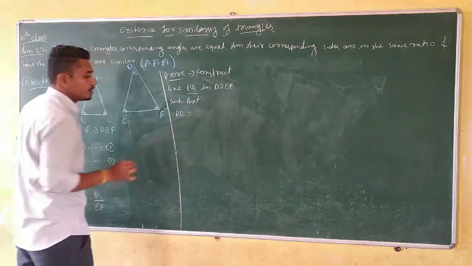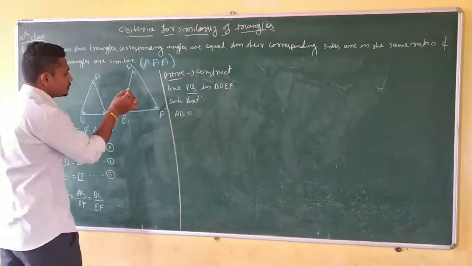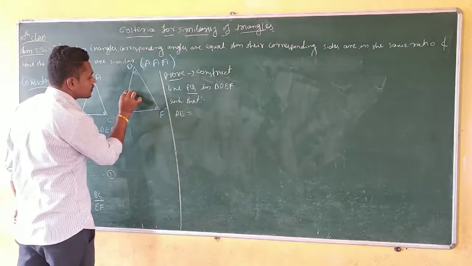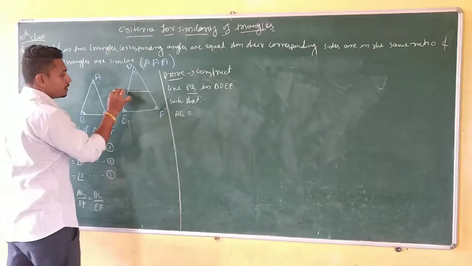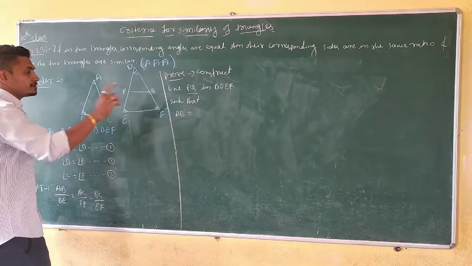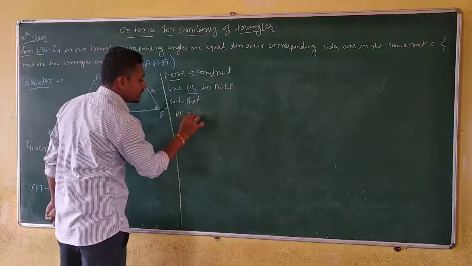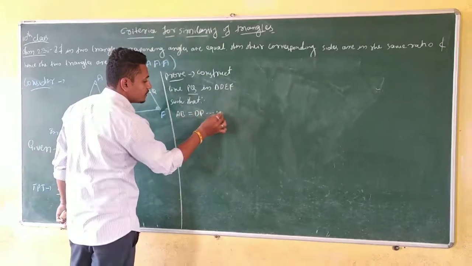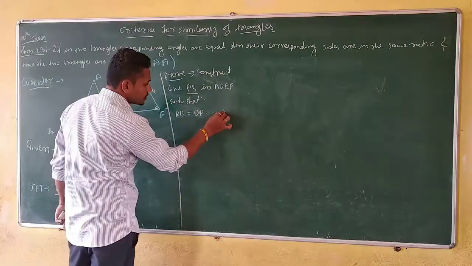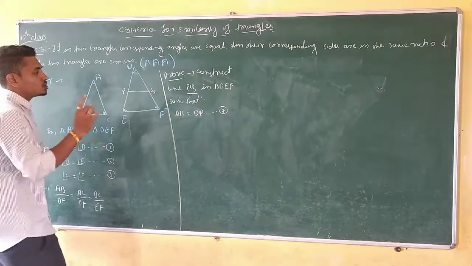AB is equal to DP. First we have to construct one line PQ, such that AB is equal to DP. This equation we can call equation number 4, and AC is equal to DQ.